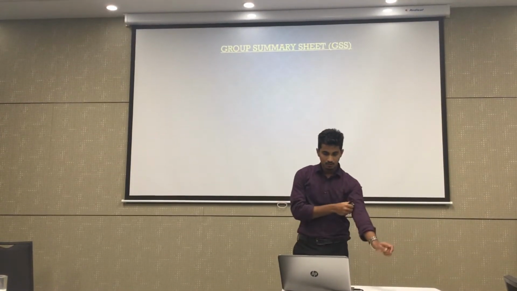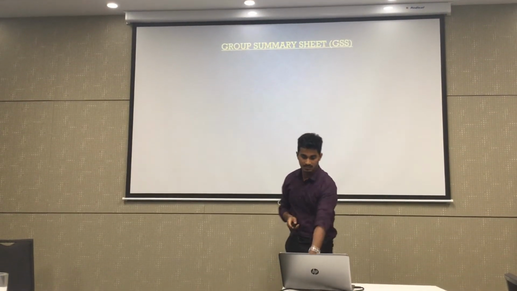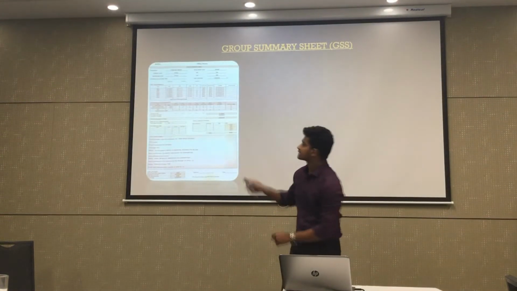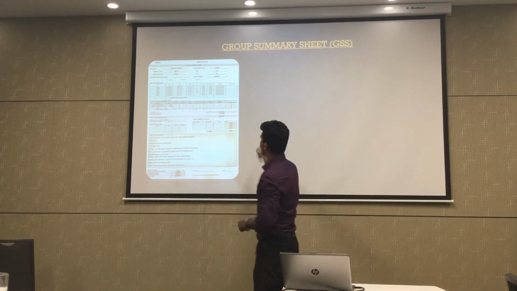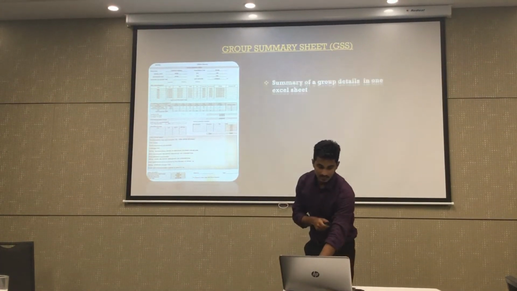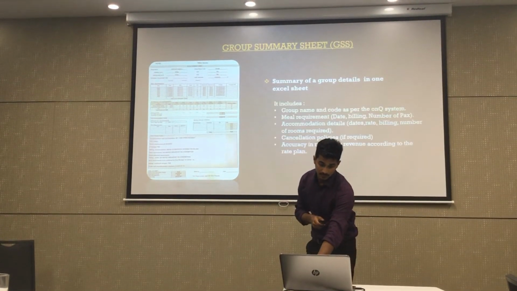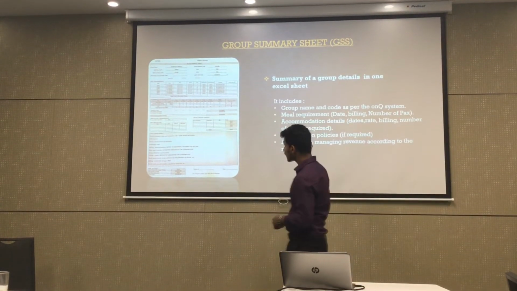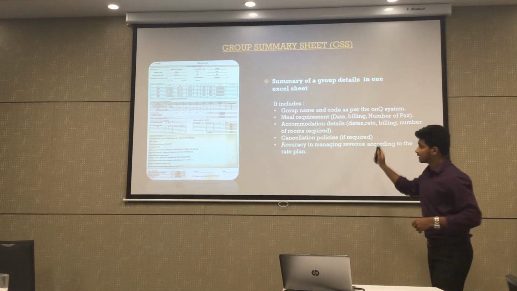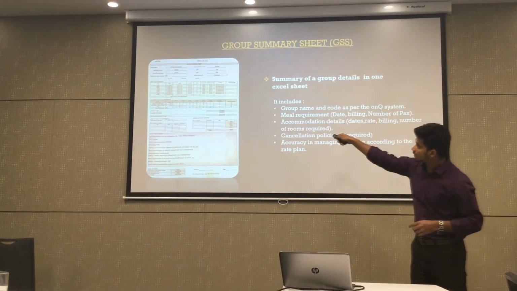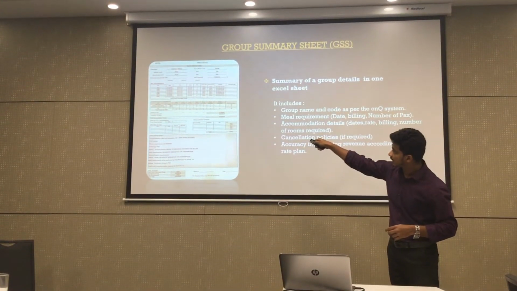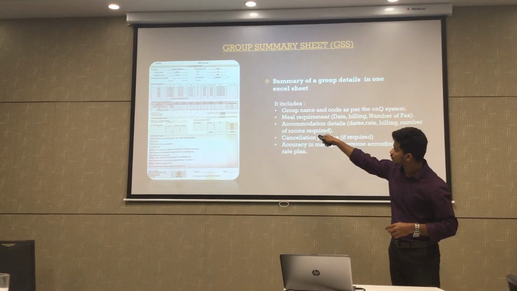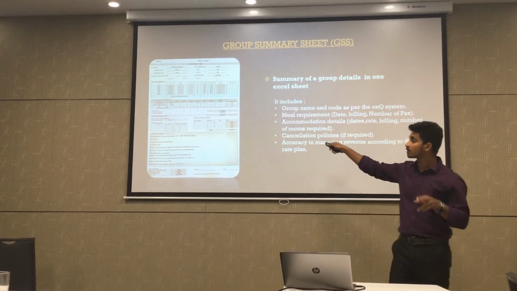Okay, group summary sheet, GSS. GSS is actually the summary of all the details which the groups required. In this task, on the top section, here is the name of the group and the group code, as I said, the unique code.